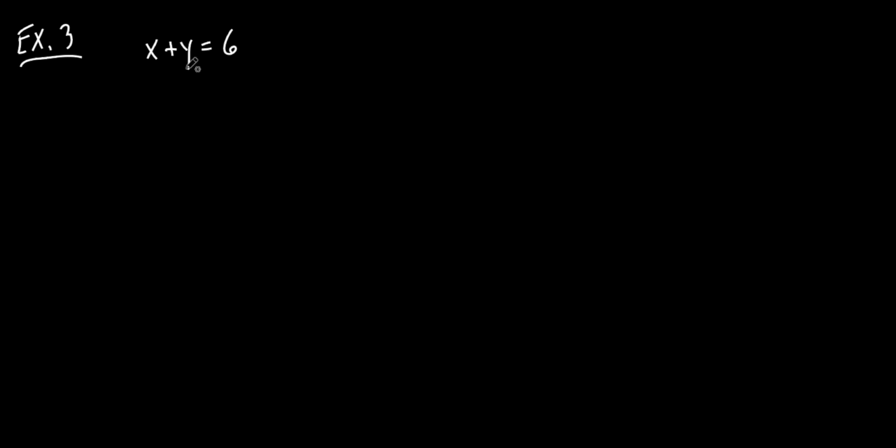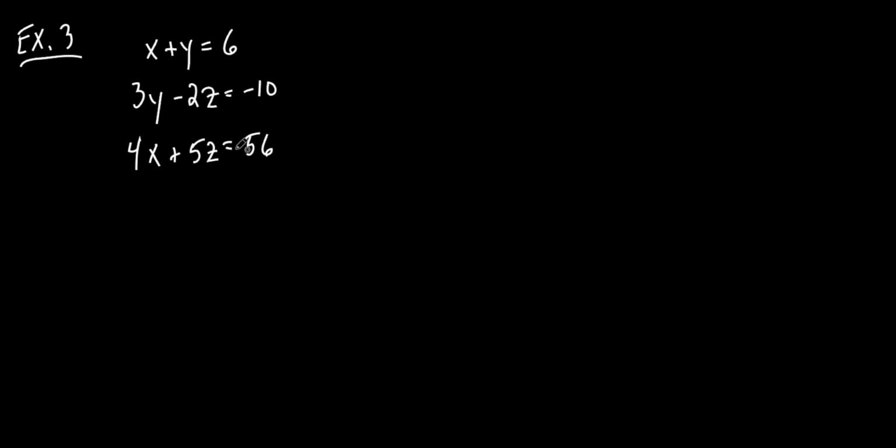All right, so this is a little bit different. 3y minus 2z equals negative 10, and then 4x plus 5z is equal to 56. All right. So this is a little different, but there's still 3 variables.